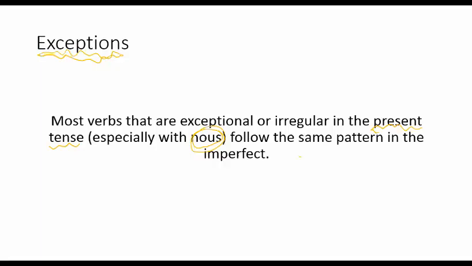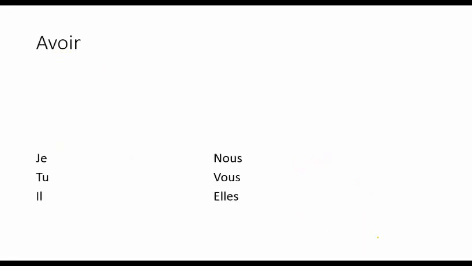Now that pattern is to conjugate with nous, take off the ONS, and add the ending. That's the pattern that we're talking about here. Okay? So, we will start with avoir as our first irregular verb. Now, it's not really that irregular, but if you remember the pattern with the nous and everything, you will be fine.